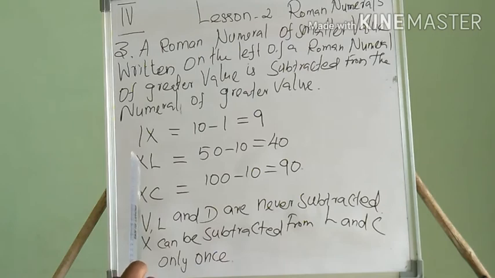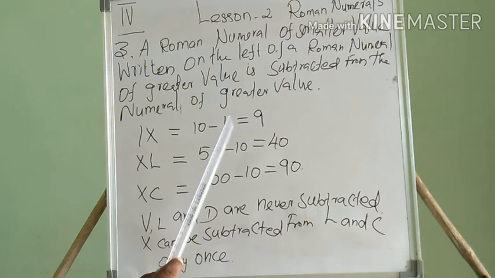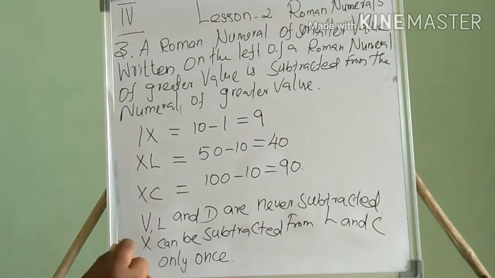Previously I told you, if there is a smaller Roman numeral on the right side of a greater Roman numeral, we have to add. Now, if there is any Roman numeral on the left side of a greater Roman numeral, we have to subtract.